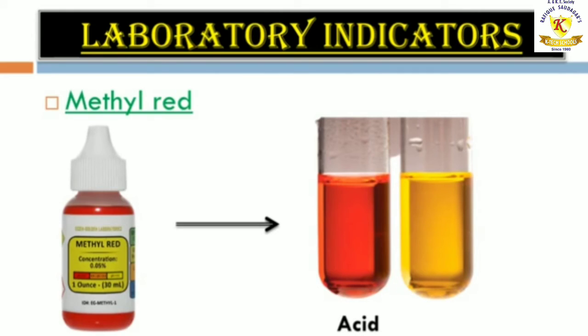And when methyl red is added and the solution turns yellow, it is base or alkaline. Understood, children? So these are some laboratory indicators, that means the indicators which are used in laboratories. Let's learn the next one.